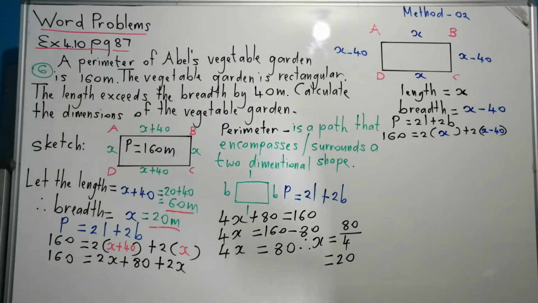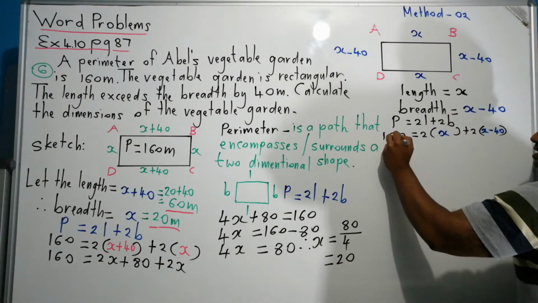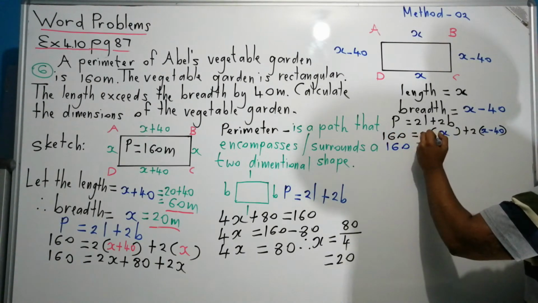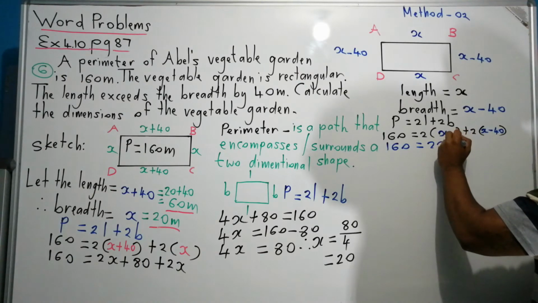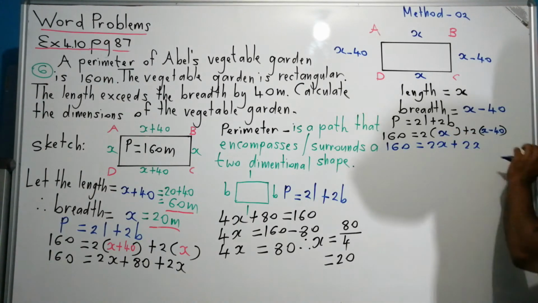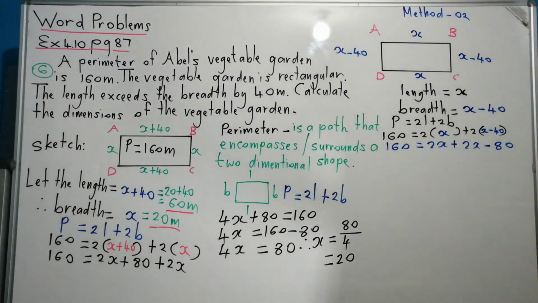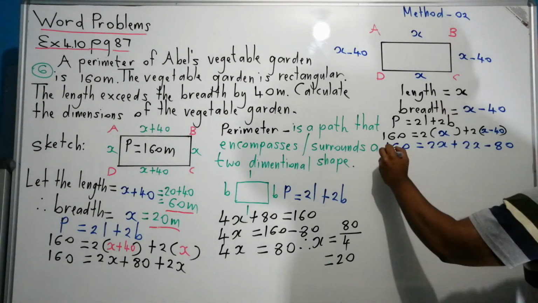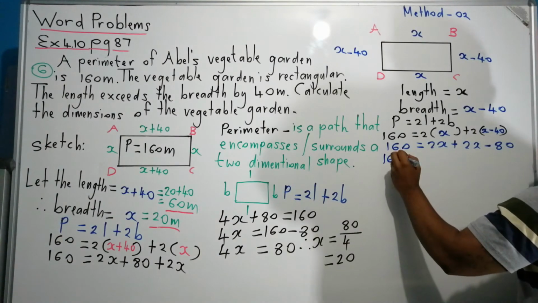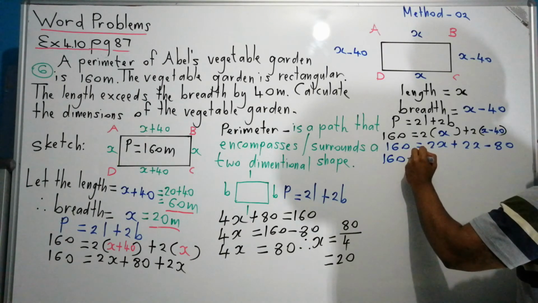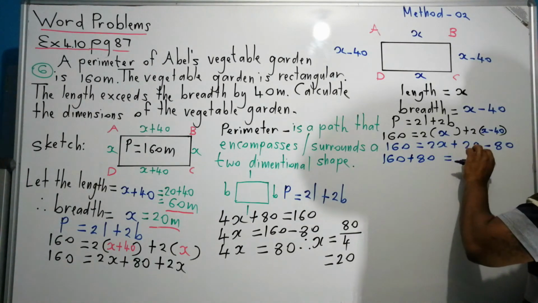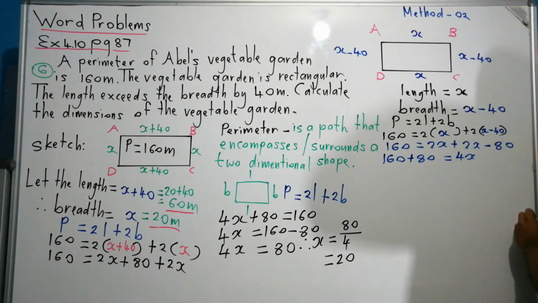Okay, so now 160 is equal to 2 times x, which is 2x, 2 times x there, which is 2x again, 2 times minus 40 is minus 80. Alright, so now I got 160 plus 80 is equal to 2x plus 2x, which is 4x.